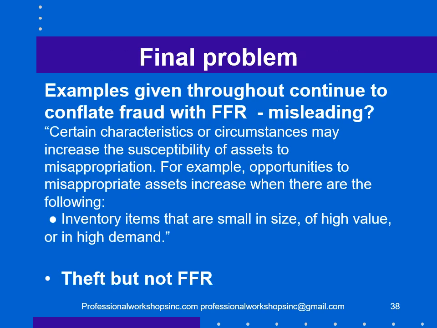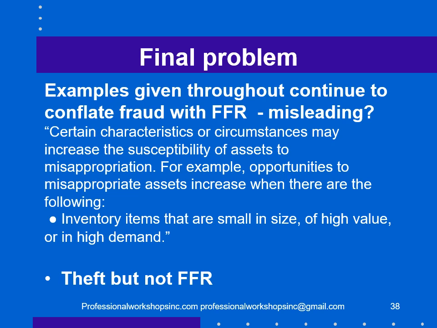A final problem they have, and this is in the old document and the new one, and I love the word conflate. They continue to conflate fraud with fraudulent financial reporting. If you want to get confused as you're reading through the document, it says we've got to find fraud, material or not, and that is not fraudulent financial reporting.